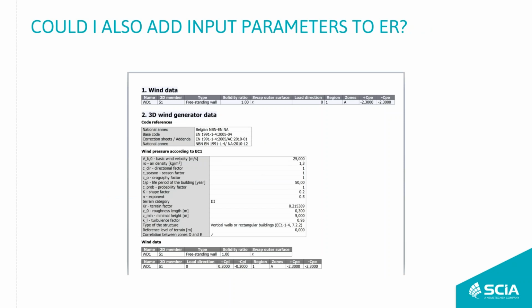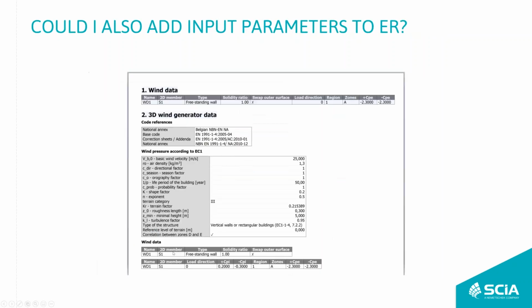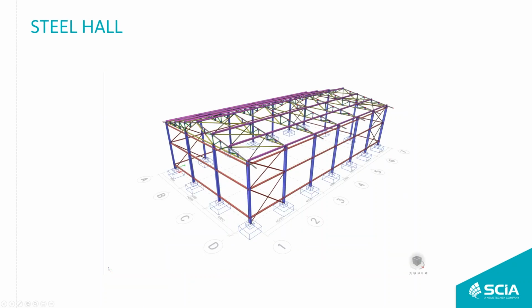free-standing wall. There is also a possibility to include this basic information, unfortunately without the wind pressure, but as you can see, you can also use a screenshot or some other help to include it in your engineering report, to describe how you calculate the wind load, according to which national annex and which coefficients you used.